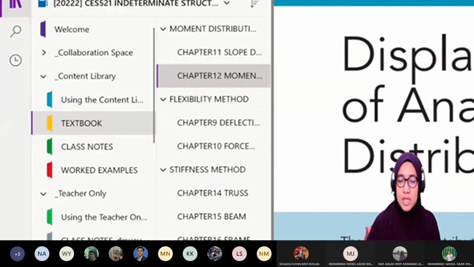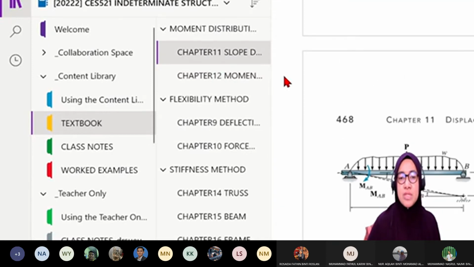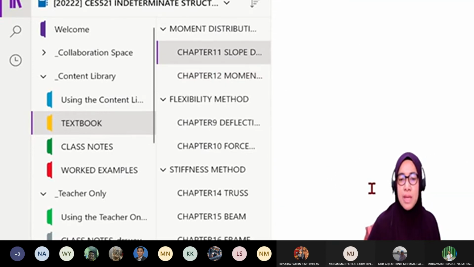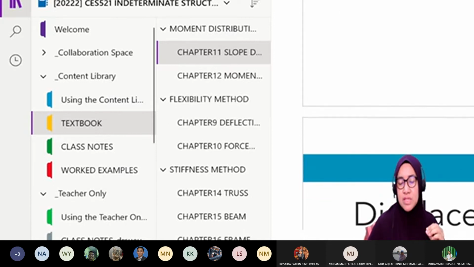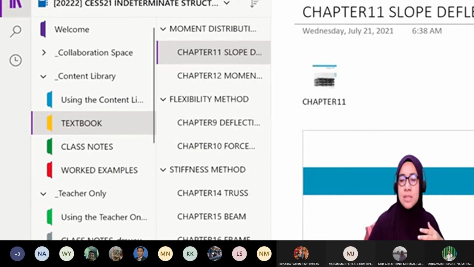Under the textbook, the moment distribution method is chapter number 12. I have also put here chapter 11, which is called slope deflection method or slope deflection equation. This is a continuation: under the textbook, slope deflection method is chapter 11, followed by chapter 12, moment distribution method.